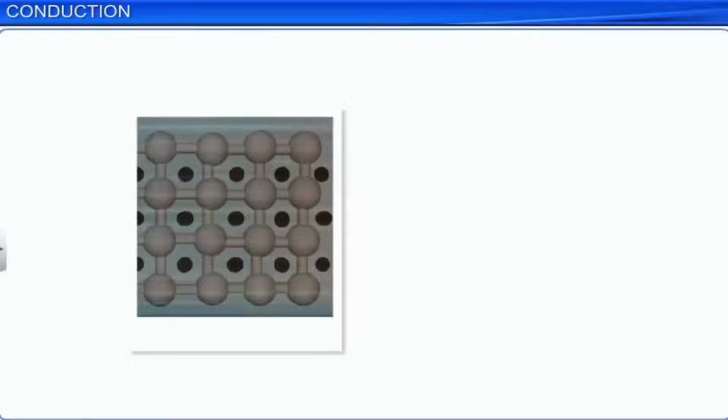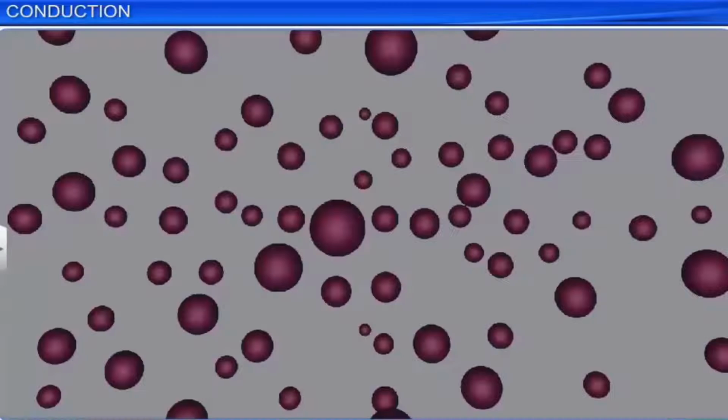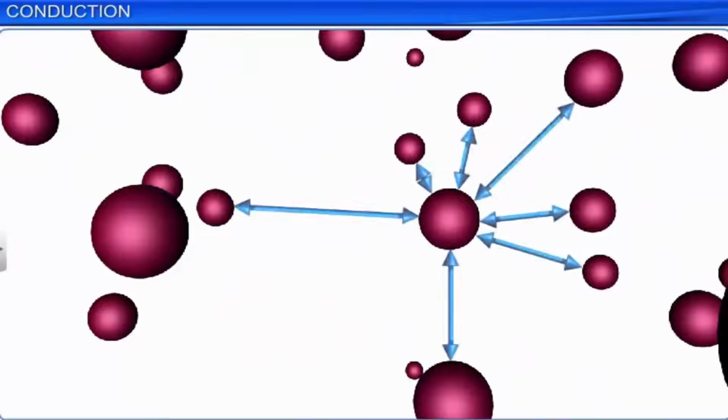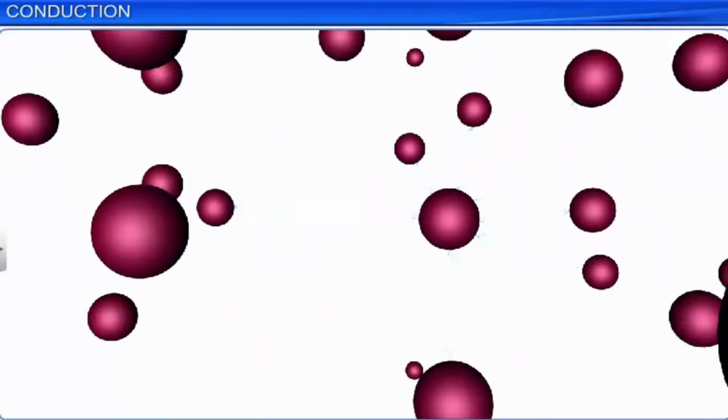The free electrons close to the heat source receive heat and move faster through the metal. During this process, they collide with molecules and other electrons and pass a part of their energy on to them. In the case of gases, the molecules are far apart and hence the exchange of energy among them is very difficult.